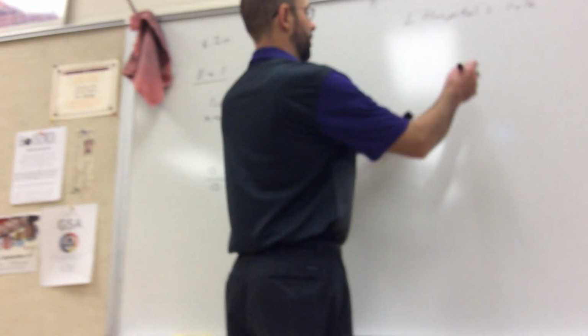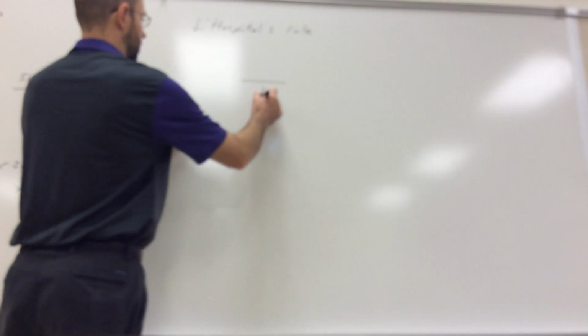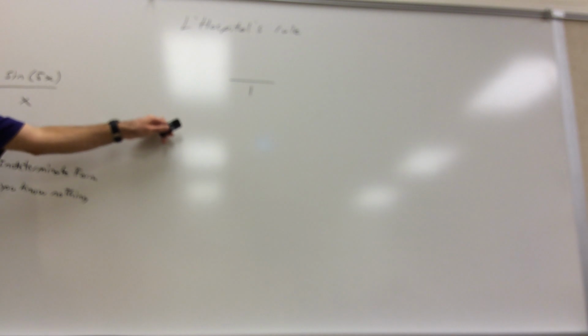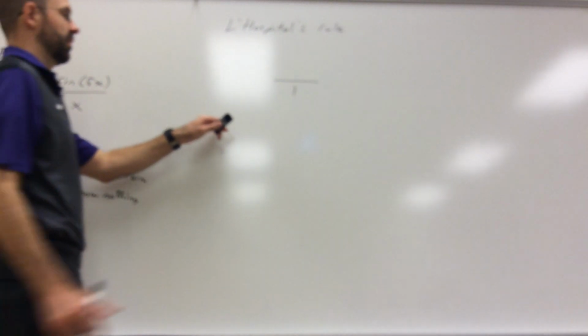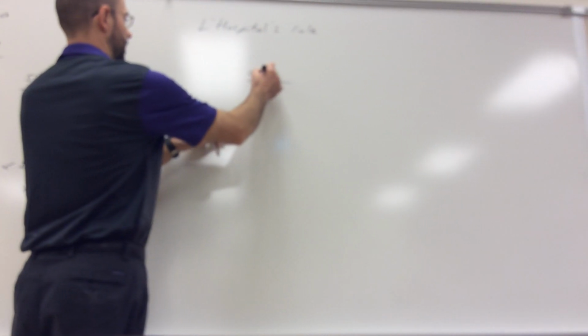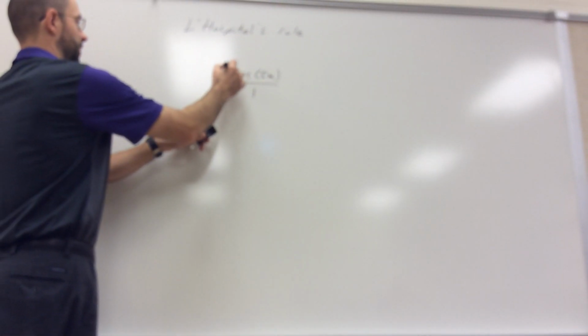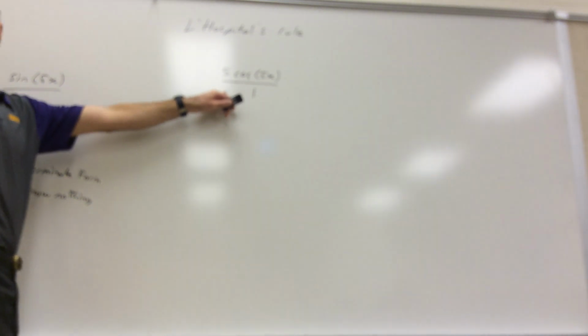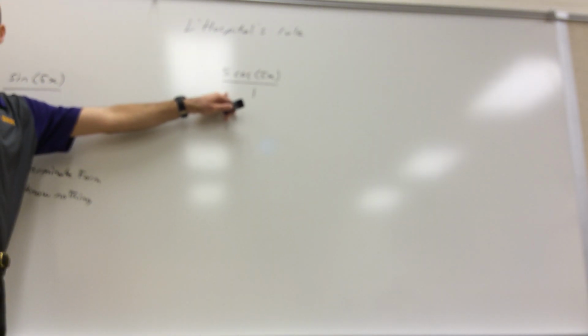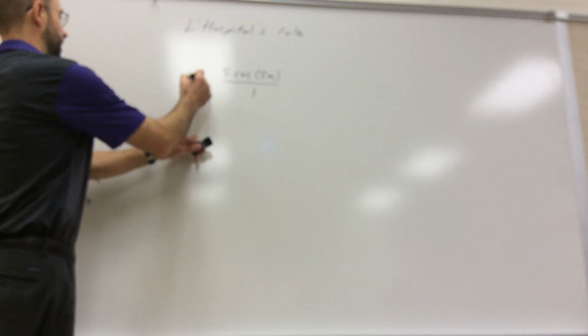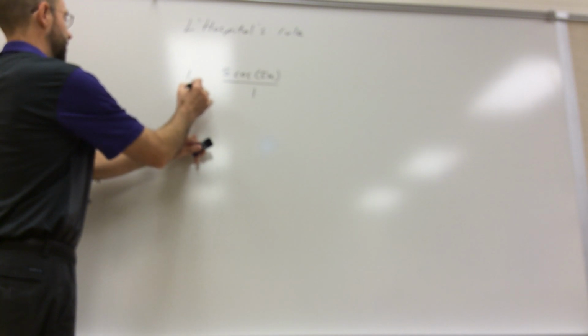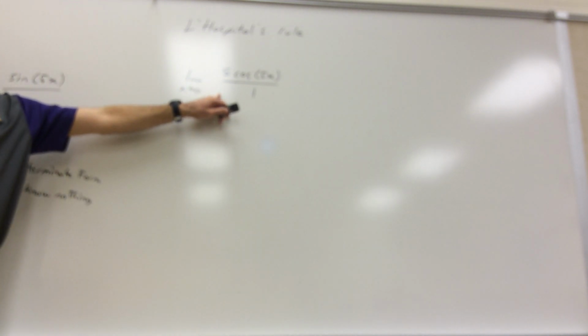Okay, so the derivative of the bottom is easy, so I'm just going to put 1 down. The derivative of sine of 5x is cosine of 5x, and then multiplied by 5, because of chain rule. And then you take the limit as x goes to 0 of that instead.